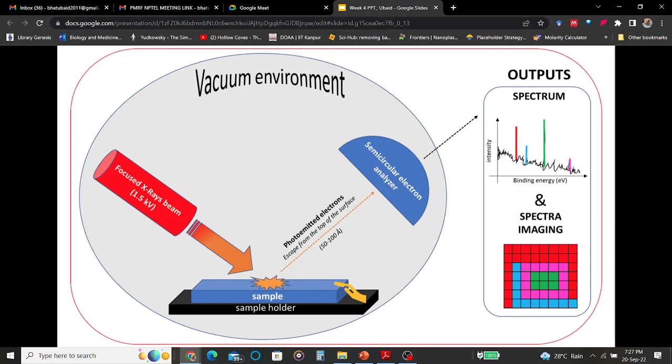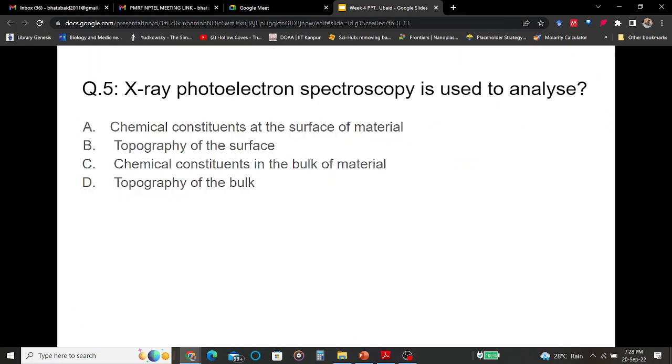After these electrons come from the sample, they are analyzed by the analyzer. This analyzer analyzes the kinetic energy and the number of electrons. So it helps to detect the elemental composition of the surface. So the answer here was the chemical constituents, or elemental composition, of the surface material.